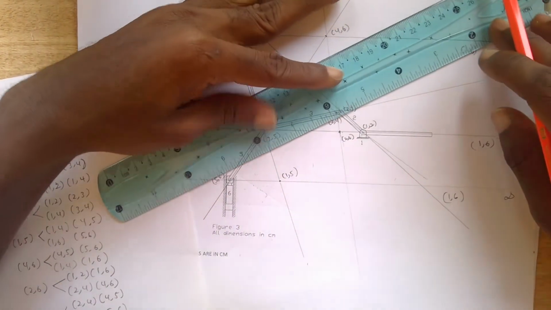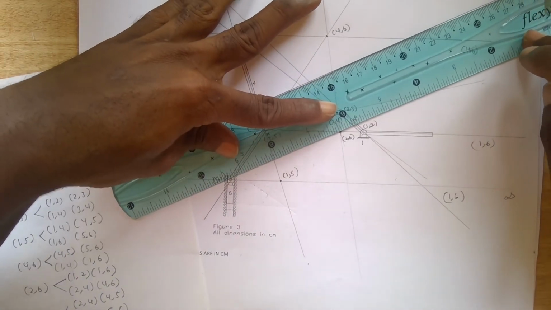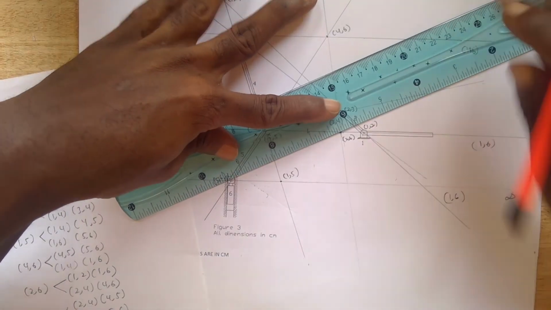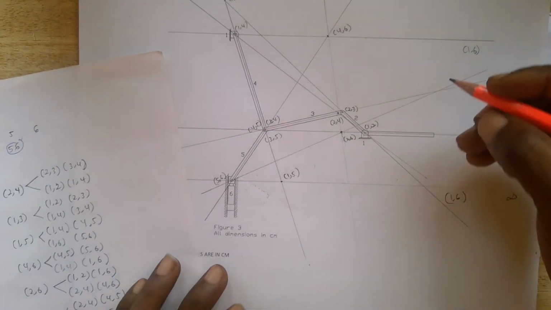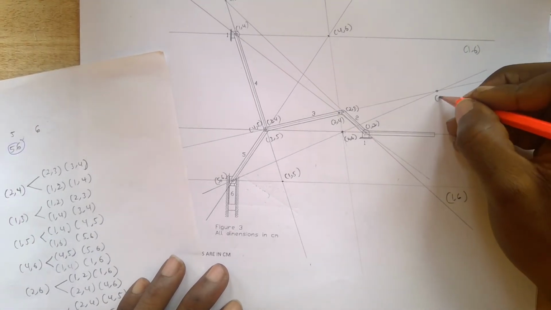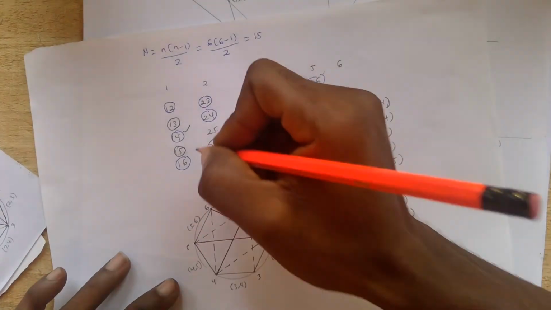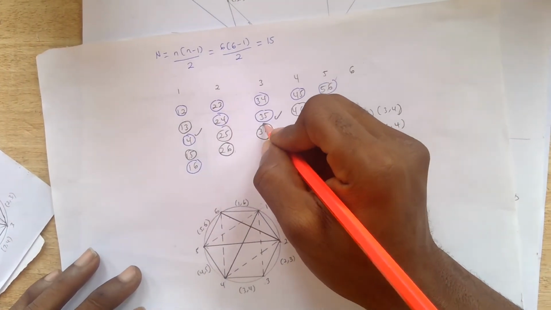Let's draw a line through this. So it becomes 2-6, 5-6. I'm going to have this line here, and where they meet, this point, becomes 2-5. Now let's look for the last point, which is 3-6.